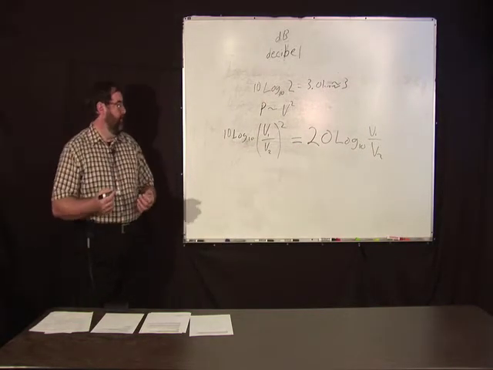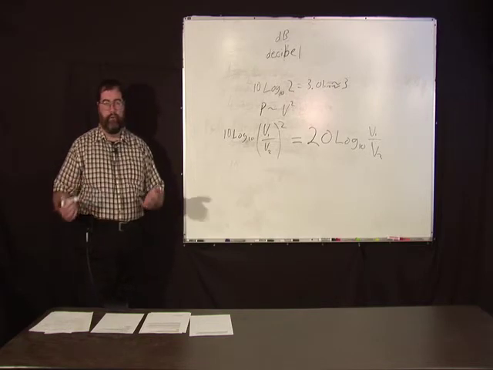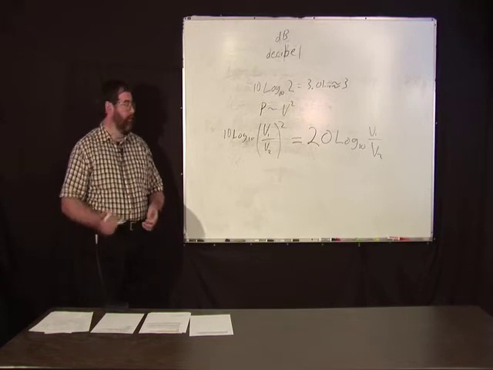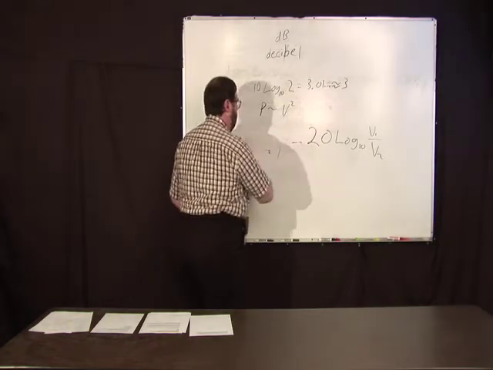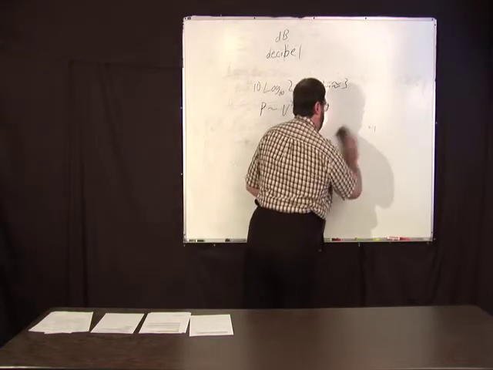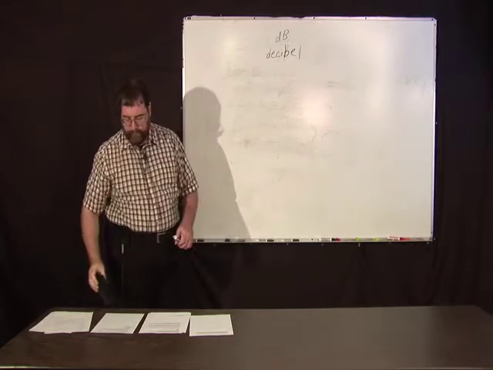Now, there's absolute dB units too. For sound pressure level, 0 dB means there's a reference level, which is considered the threshold of human hearing.